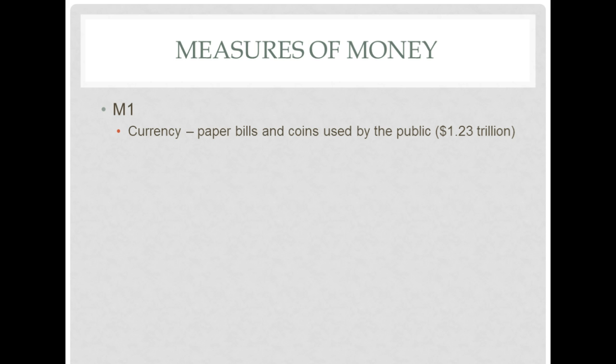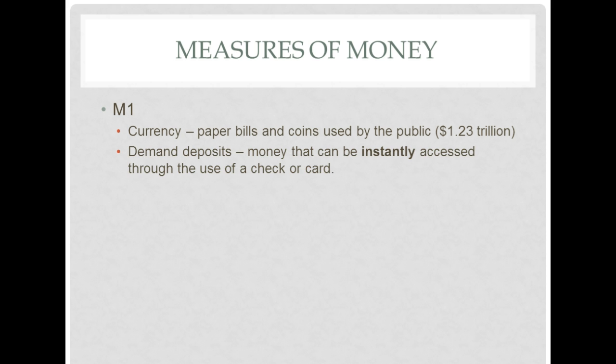The other thing that's included in M1 is what are called demand deposits. Demand deposits are any source of money that can be instantly accessed through the use of a check or card, and now actually even in some cases electronic means. The key to both of these things, guys, whether it's currency or demand deposits, the key to being in M1 is that you can make the transaction with this money instantly.